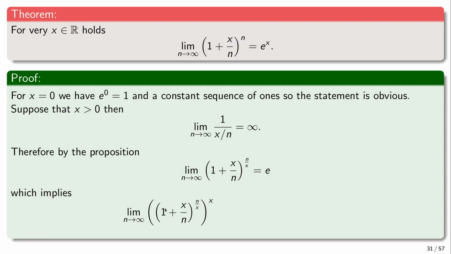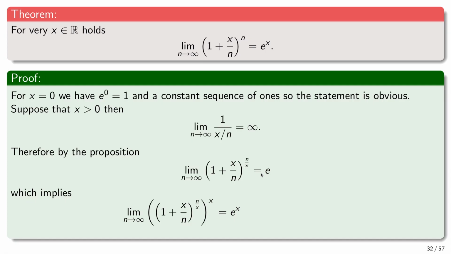And the limit of this sequence, by what we have proved, exists and equals E. And since this limit exists and x is this constant value, then this sequence also converges, and it converges to the value of e to the power of x. Okay, this is great. So now we only need to treat the case where x is negative, and it turns out to be quite tricky when you're doing it from scratch, okay?